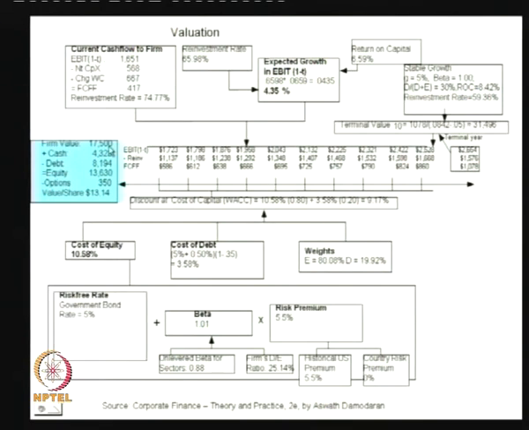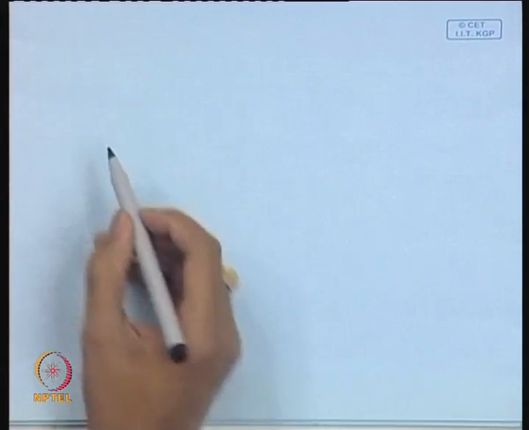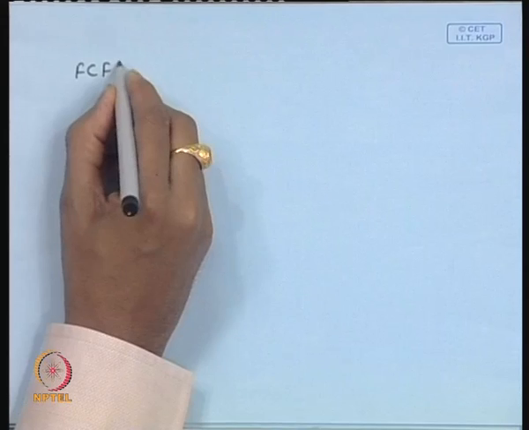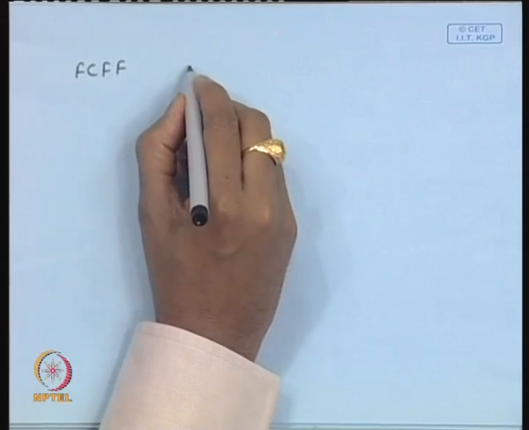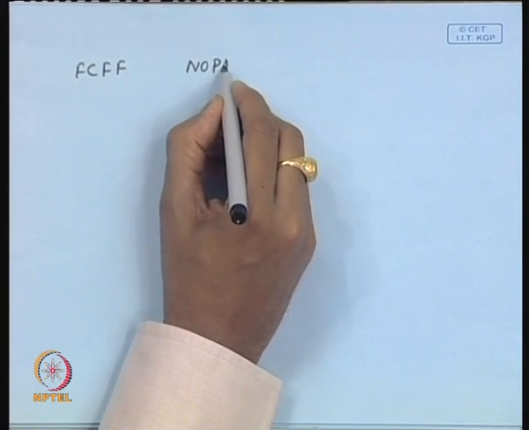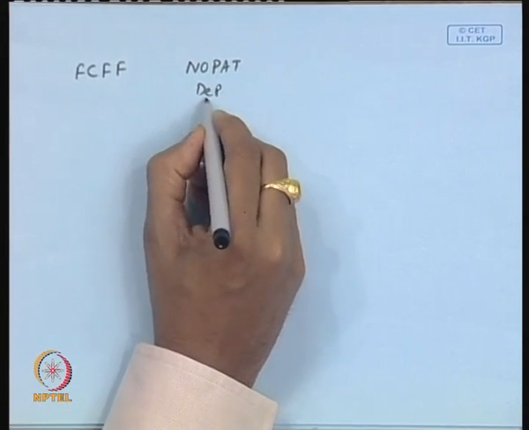Now, one more thing one has to look at in the valuation of farms is that whatever valuation we talked about is based on free cash flow for the farm. We took net operating profit after tax, then adjusted for depreciation, like that we kept on doing.